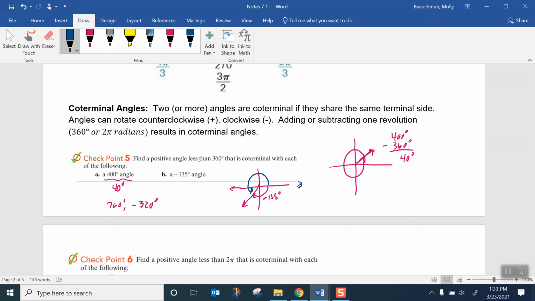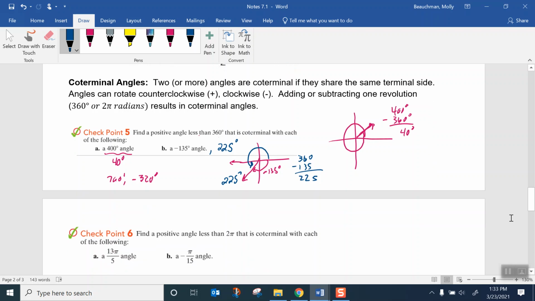In this case, we're going to take 360 degrees minus 135 degrees. And we end up with 225 degrees. So an angle that's coterminal with negative 135 is a positive 225. And again, we could keep going 360 degrees around each direction.